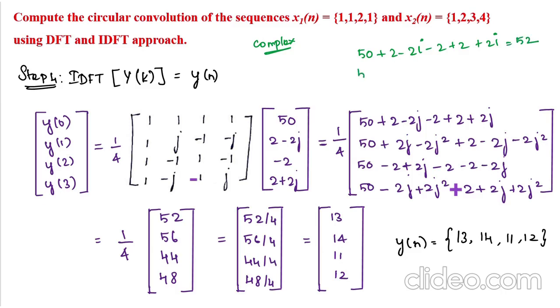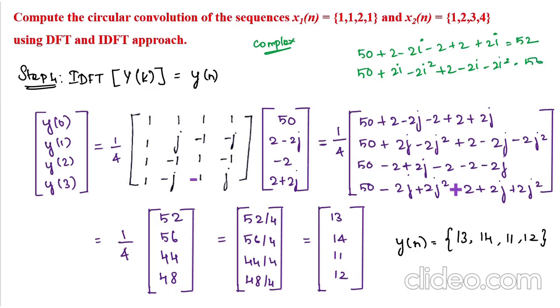For the next, you will enter 50 plus 2i minus 2i square plus 2 minus 2i minus 2i square. That was 56.